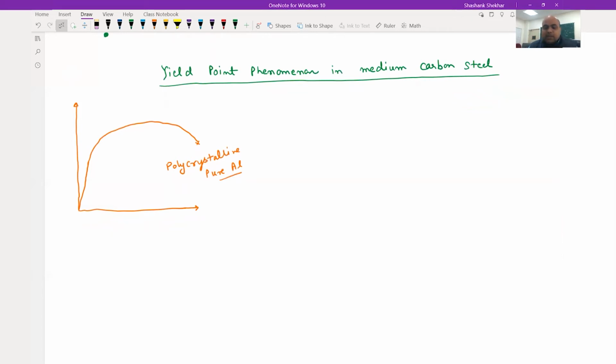But in medium carbon steel, we are going to observe something different.